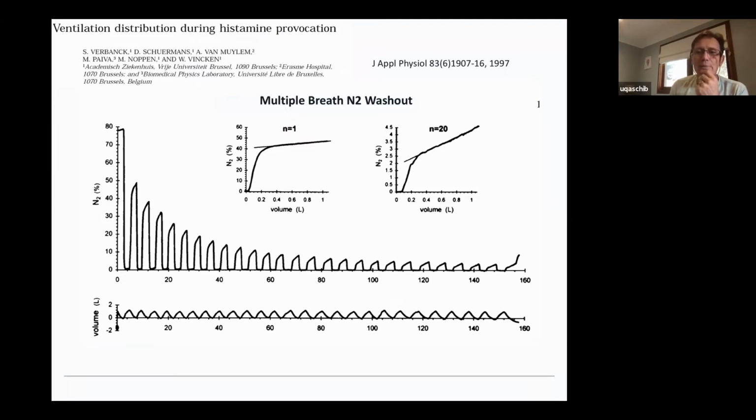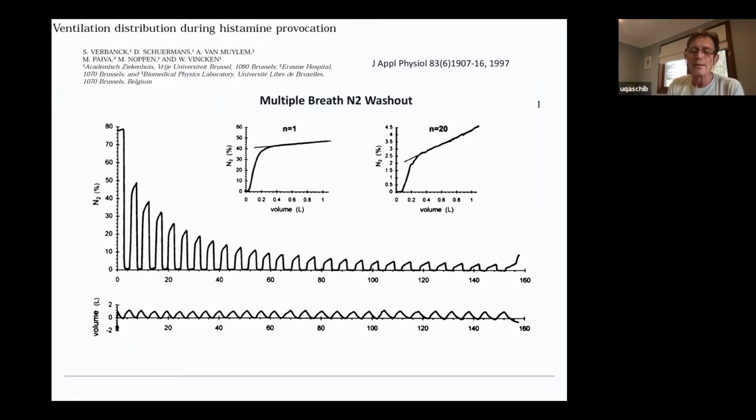Then you look at breath number 20, and the slope is much steeper. That means the first breath takes the sulfur hexafluoride of the best acini that are contributing, the healthy ones. Breath number 20 is lagging behind, and finally the unhealthy parts of the lung, the so-called lung that suffers most from ventilation maldistribution, start to show up. That's why we have a steeper slope on breath number 20 compared to breath number 1.